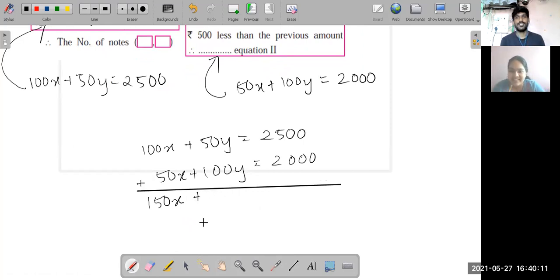I'm still writing the equations. Okay. Since you know the technique, complete it yourself and tell me the answer. If you get stuck anywhere, ask me. I said, you know the technique, so complete the sum. If you get stuck anywhere, ask me. Okay. One by one, tell me the answers that you get, like after adding and then after subtracting.